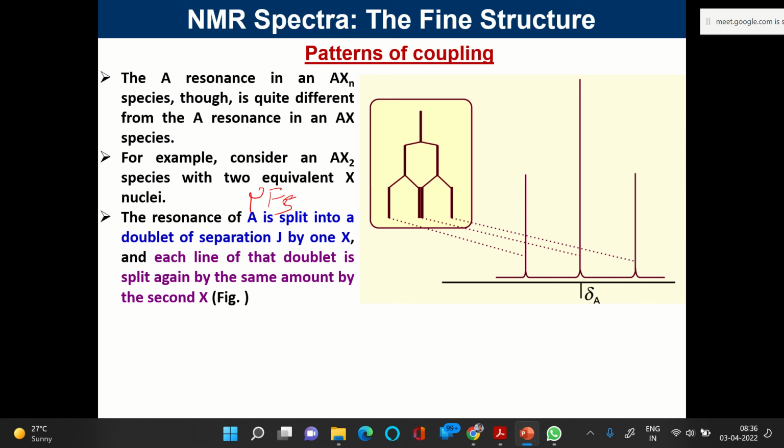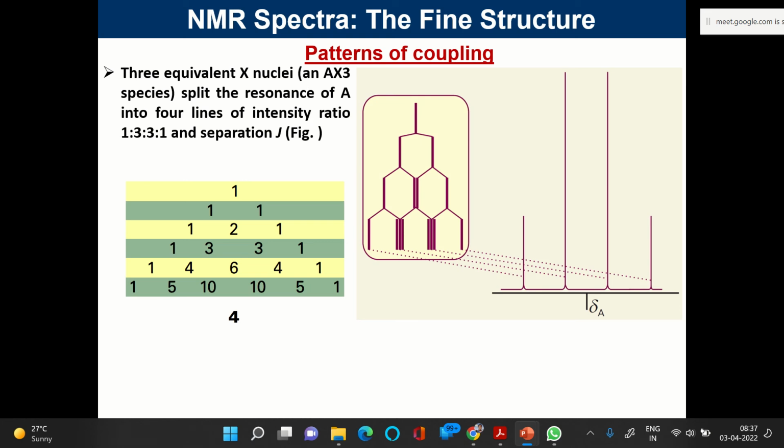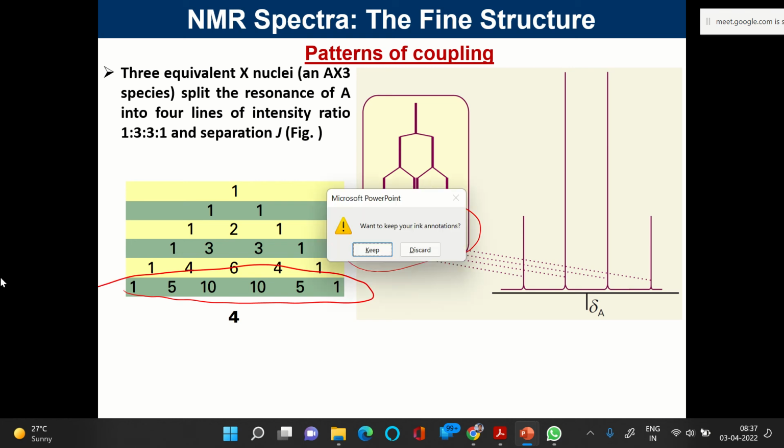All these fluorines are equivalent, but one interaction splits into two, another splits into another two, and they coincide, and this pattern goes on increasing, so we get this kind of Pascal triangle like pattern, and you get a sextet. So for PF5, I think the pattern should be clear.